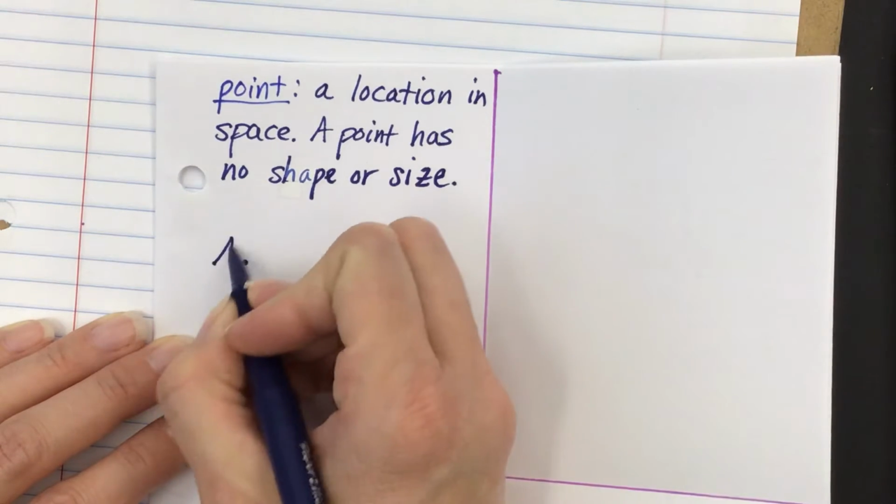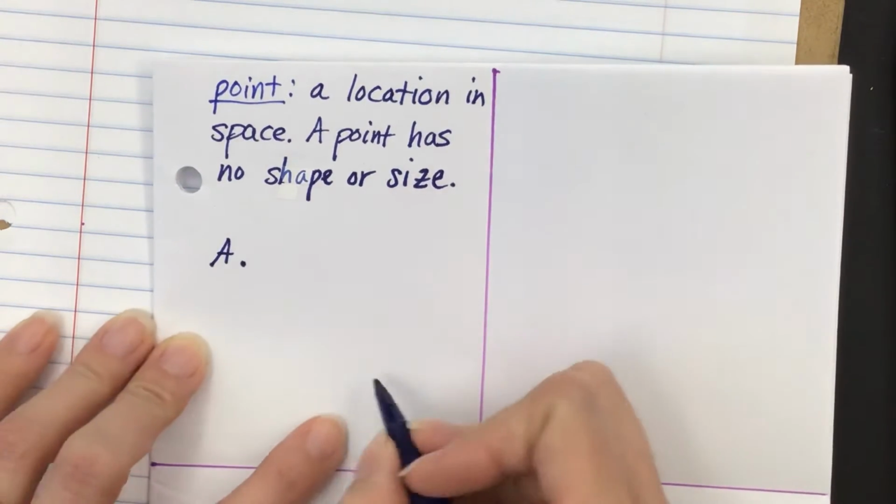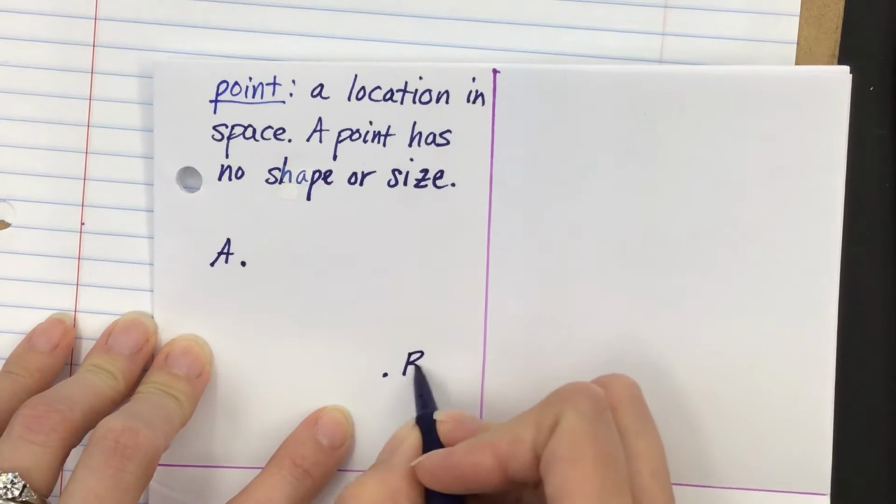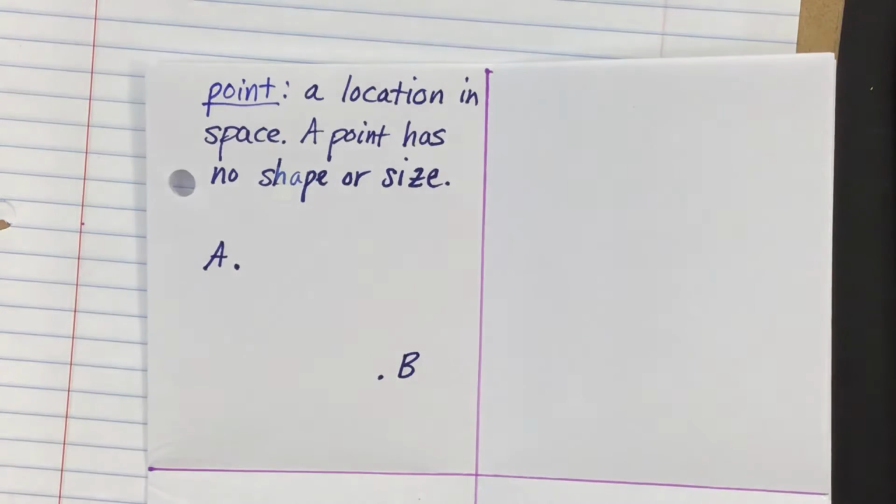So we can call this dot, or this point, A, and then maybe there's another point over here, which we'll call point B. We typically use capital letters to describe a point. Okay. Well, that's a point.